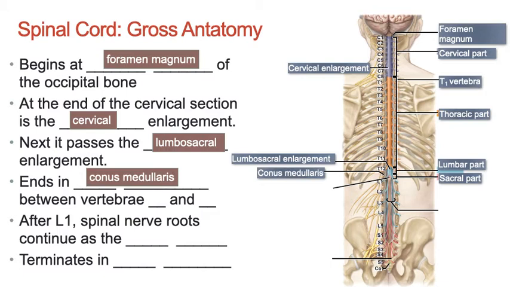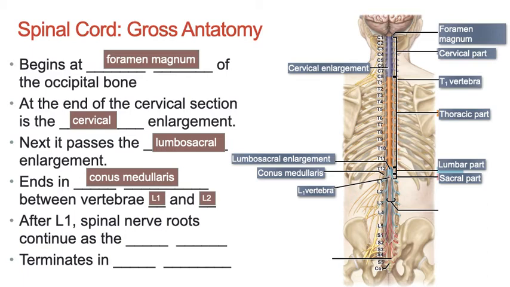And so basically this is just a tapered area, and that's technically considered the end of the spinal cord. This occurs around lumbar vertebrae L1 and L2. So the reason that the spinal cord is much shorter than the vertebrae that enclose it is because during development there's disproportion between spinal cord growth and vertebral column growth.